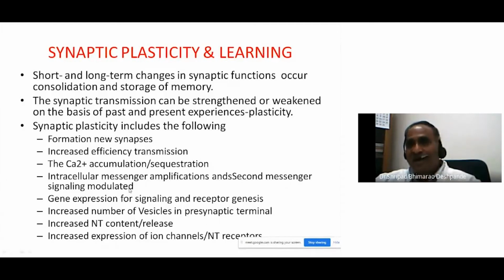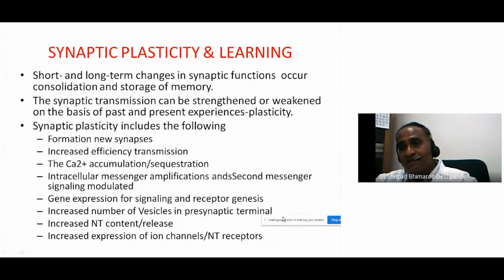That means they are increased. Then gene expression, so signaling for receptor genesis or neurotransmitter genesis or new protein synthesis, increasing the number of vesicles in the presynaptic terminal, increasing the neurotransmitter content and release, the efficiency of release, and increasing the expression of ion channels and neurotransmitter receptors.